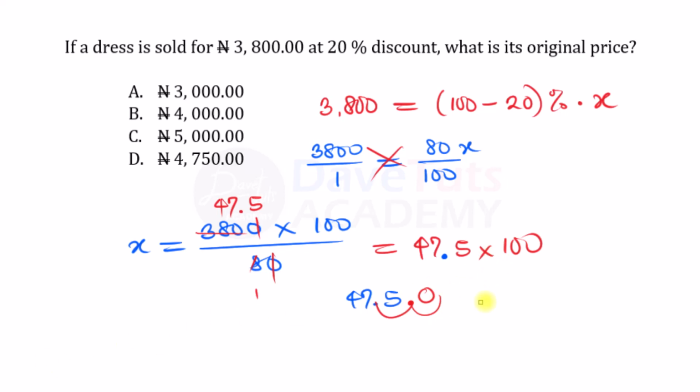So this is nothing but 4,750 naira, and if we bring our currency in, we can see that option D is the solution that we are looking for. Again, understanding this concept really helped us to solve this question quick and fast, and not needing to go the long way of writing a formula, resolving, making the subject of the question, and just wasting time. This is quite fast and quite easy.